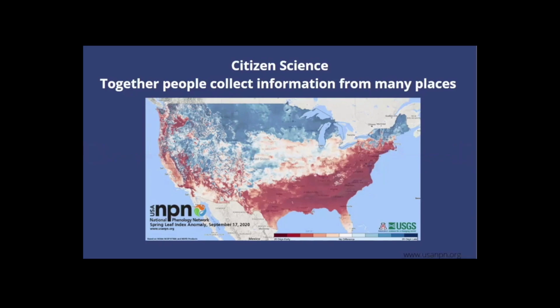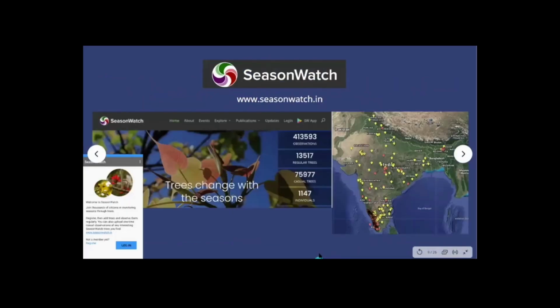So with this example, we see how using a citizen science approach, we can collect data on a large scale and use the data to understand changes in tree phenology, such as leaf appearance in this particular example, across an entire country.